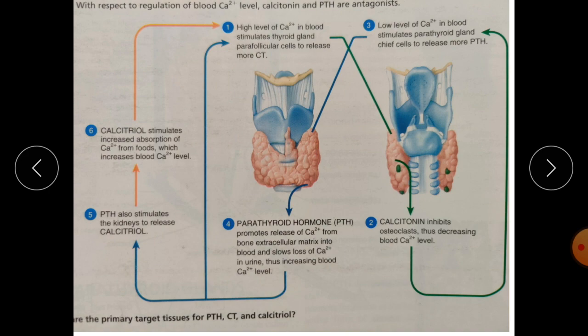One is calcitonin, which is released from the thyroid gland, from the parafollicular cells, the C cells. There is parathyroid hormone, which is released from the parathyroid gland, and there is calcitriol, the active form of vitamin D3. So three hormones are required for the homeostasis of calcium level in our body.